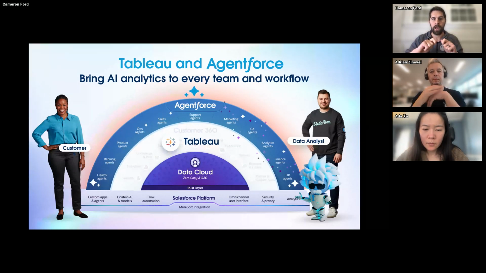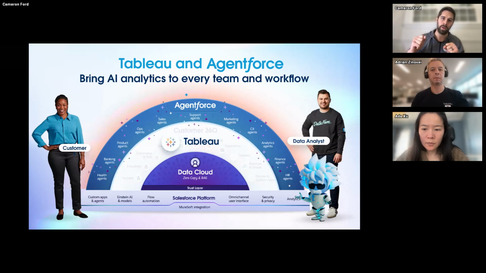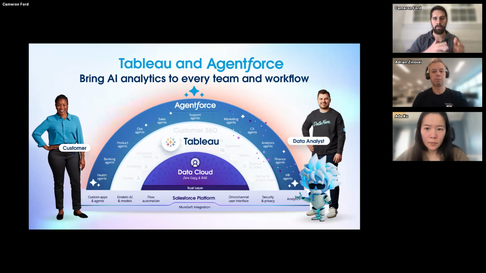So how do I connect who Cameron Ford is in my Sales Cloud experience to my Service Cloud, to when I am interacting with your website versus calling in on the phone, right? All of these different things. How do I make sure that I have the right persona identified? Data Cloud is facilitating all the data through all of those different applications. But this is where Tableau comes in, right?